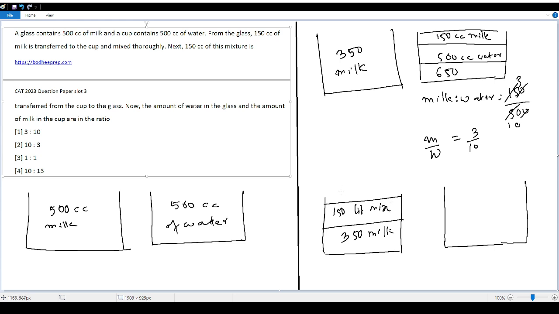So that makes it 500 cc back. Now how much milk does this particular mixture contain? What is the ratio? The ratio is 3 by 10, right? So what is the amount of milk that it has? 3 by 10 into 150, that is 45.